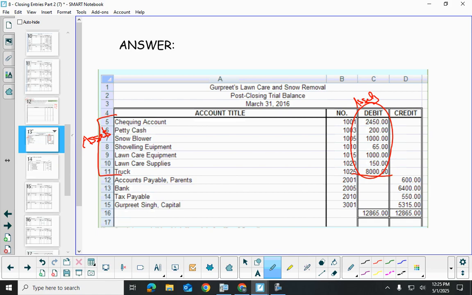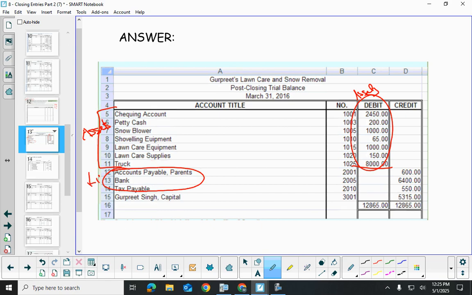You want to have your original liabilities, and your original liabilities all have a credit balance, and your changed capital. Your changed capital, that new balance, and again, it is a credit.